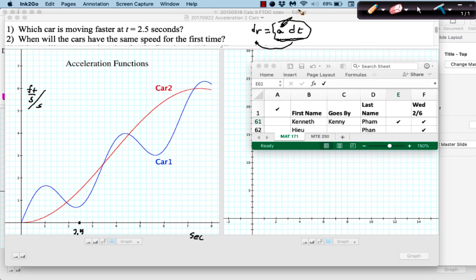Does that make sense? Okay, so when do you think the cars will have the same speed for the first time? Prediction. That's assuming that they started at 0. So after they start, when do you predict they'd have the same speed for the first time?